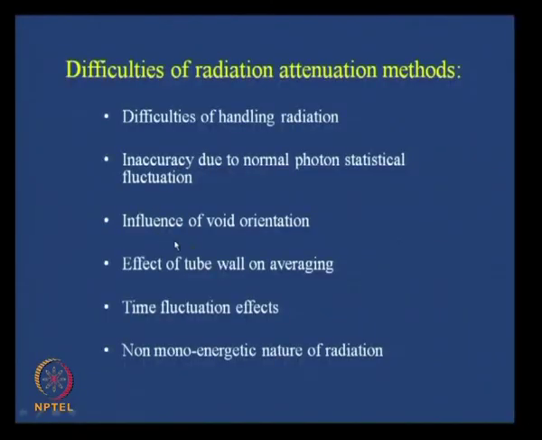And remember one thing, an optimum has to be struck, because for several things, for example, in order to minimize the normal photon statistical fluctuation error, we need a long counting time or we need a very hard source. But again, for minimizing the influence of void orientation, for minimizing the effect of tube wall on averaging, we need a very hard source. Hard source means the intensity absorbed is less, even when the tube is full of water.